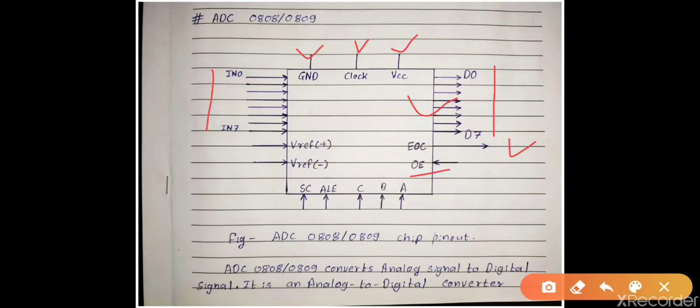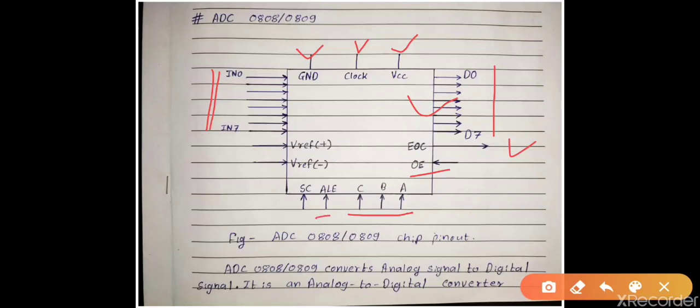Next are these 3 pins A, B and C. These 3 pins are used to select analog input channel IN0 to IN7. So we'll see next how to select these channels. Next is the ALE pin.